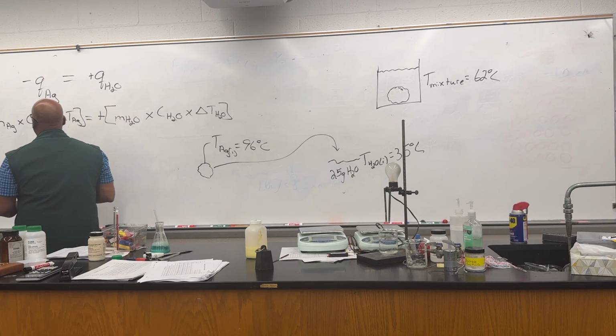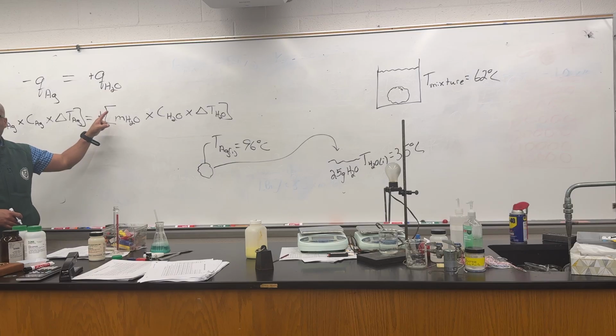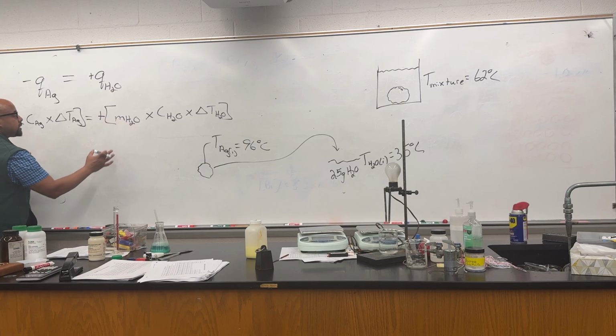So long as we acknowledge that we got two different substances coming together, and I told you this last time in class, if we bring two things together, we're always going to need to define who is the Q negative and who's the Q positive. And then we'll just set up our expression and substitute in.